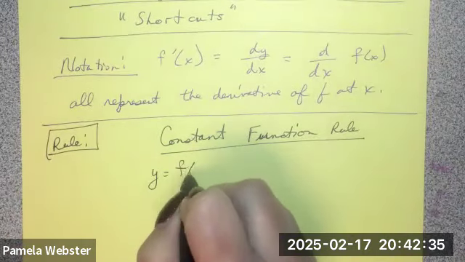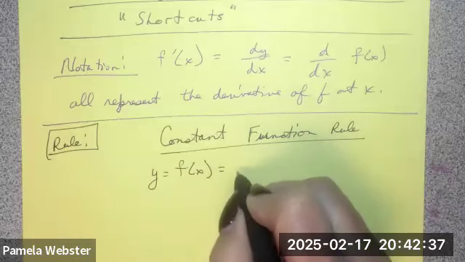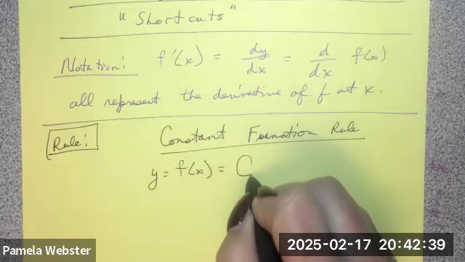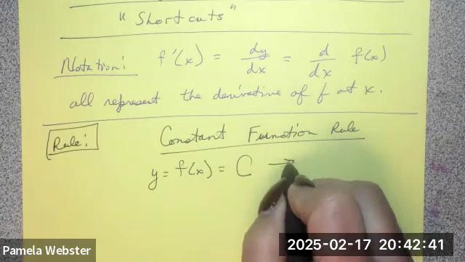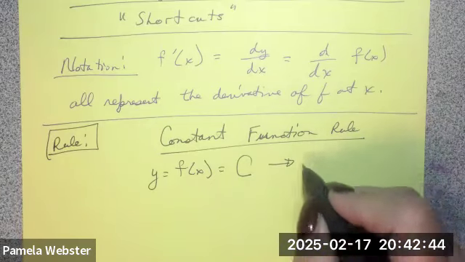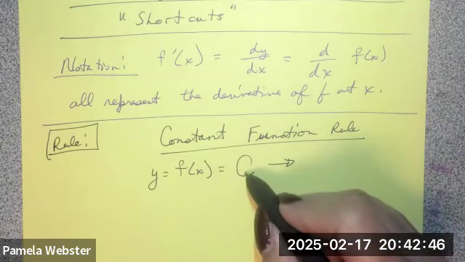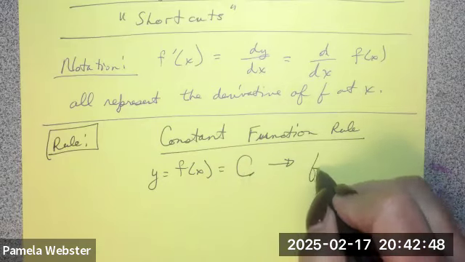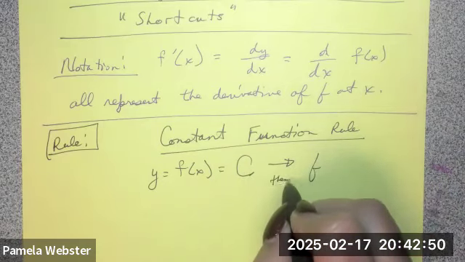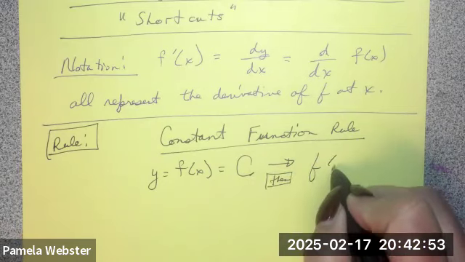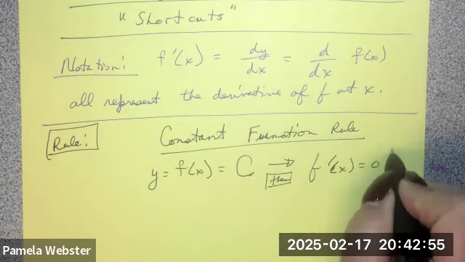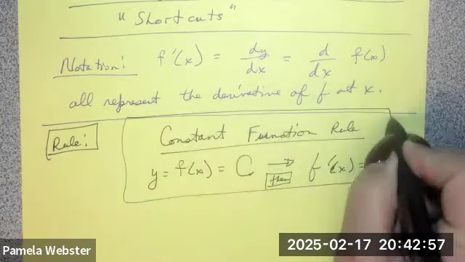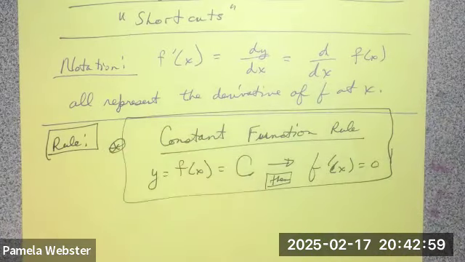If your function y equals f of x equals some constant c, and again, mathematicians, sometimes we're not very creative, c stands for constant, then, the arrow means then, f prime of x equals 0. Period. Done.